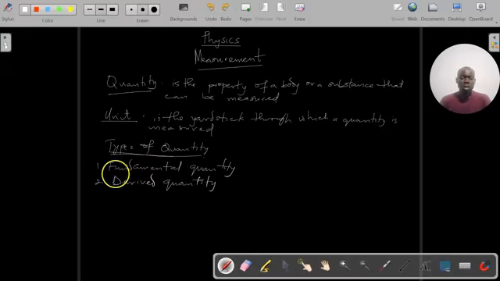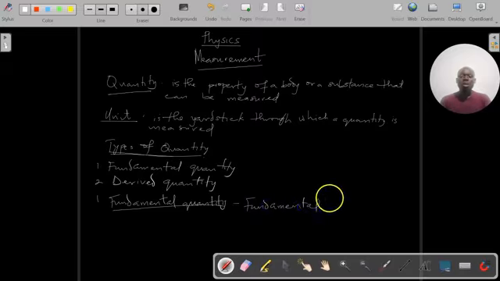What are fundamental quantities? Fundamental quantities are quantities that are independent of other quantities.